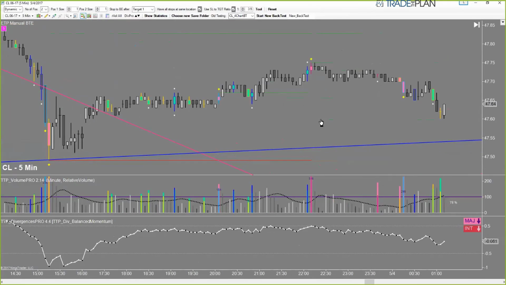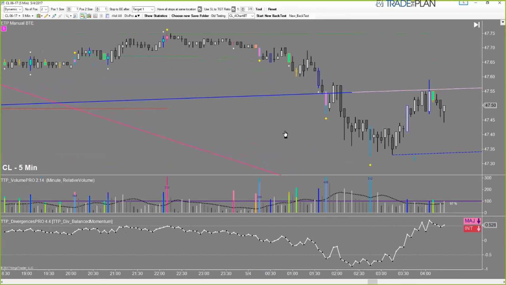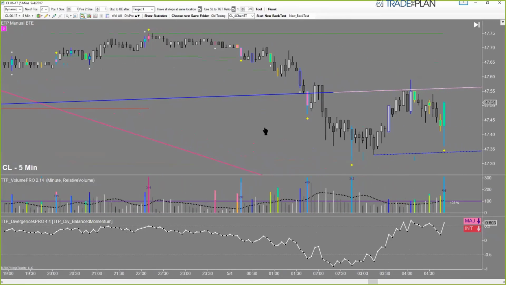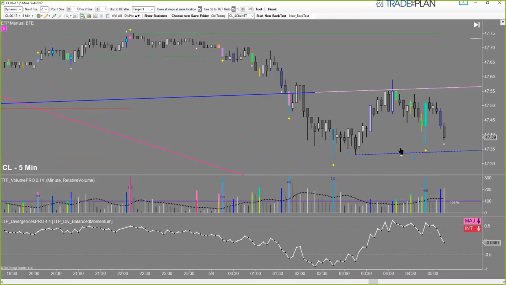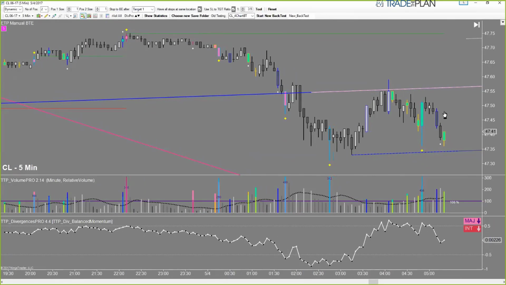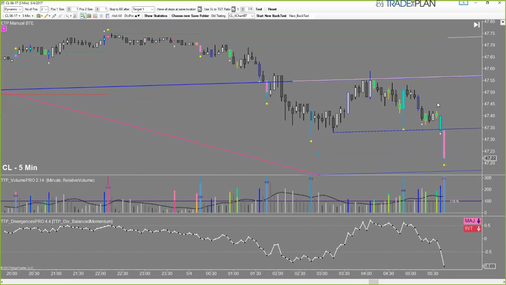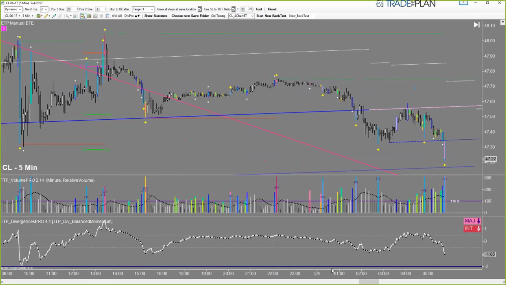All right, let's get to 5:30. All right, that's after 5:30 now, and we're going down, so we don't have any chance of a trade setting up right here, right now.